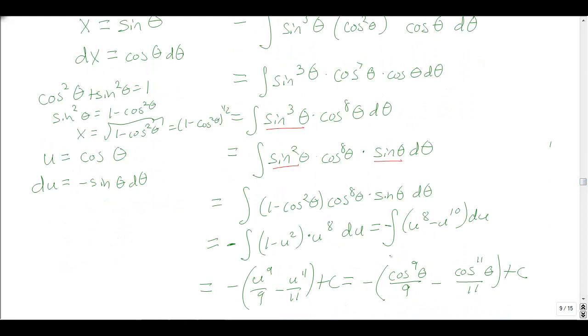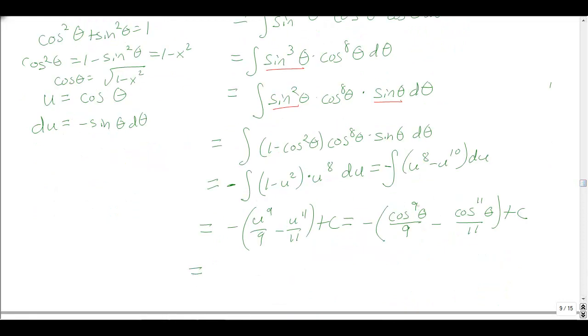So I did that the wrong way. I really want cos theta in terms of x. So I found x in terms of cos theta. I want cos theta in terms of x. So let's do this again. Here, this tells me cos squared theta is 1 minus sine squared theta. Note that's 1 minus x squared here. So cos theta is square root 1 minus x squared, assuming certain things are positive, which is the assumption we're going to make. So we can replace cos theta with square root 1 minus x squared.